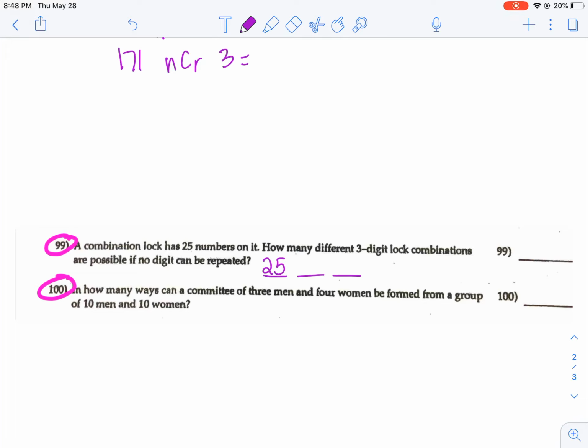Now, it says I cannot repeat it. The second time around, you only have 24 choices. And then on my third time, I only have 23 numbers left to pick from. So 25 times 24 times 23 is 13,800.